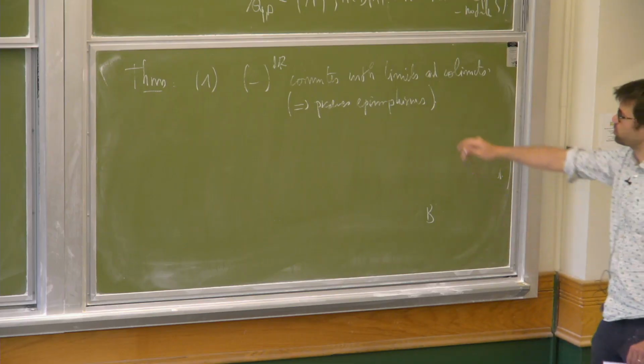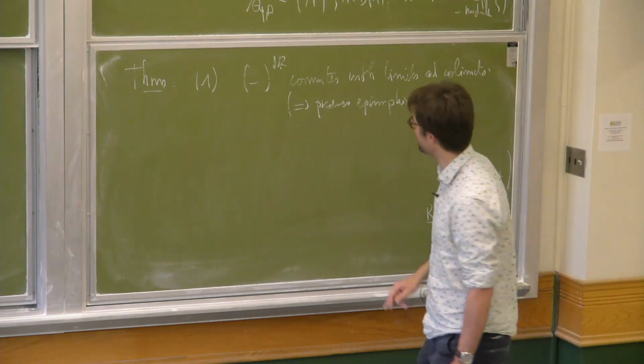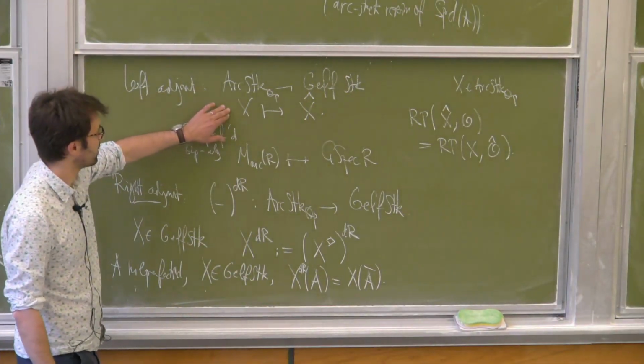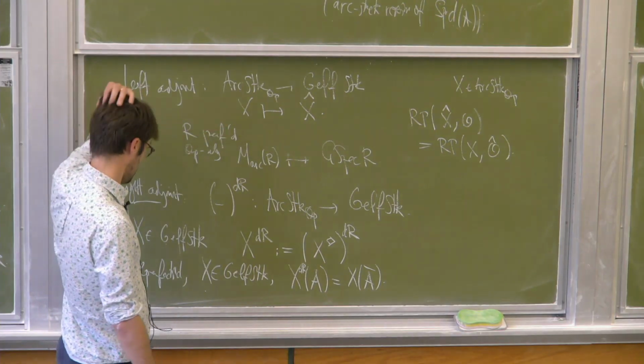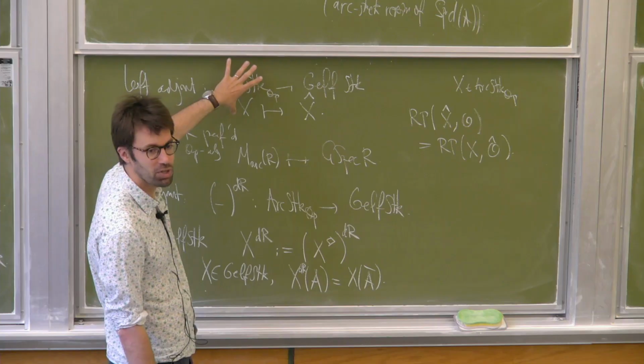The fact that it commutes with limits is just because it's defined as a right adjoint. But still it's interesting, because note that limits in arc stacks, like cofiltered limits, would at the level of rings involve some completion.